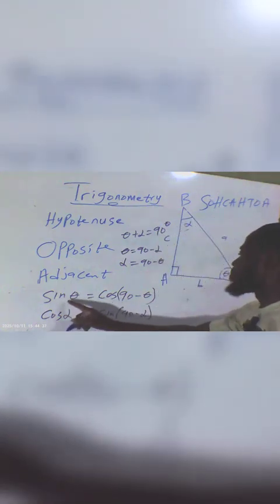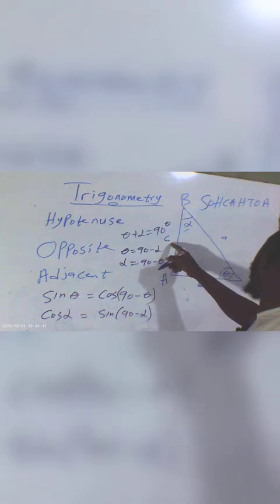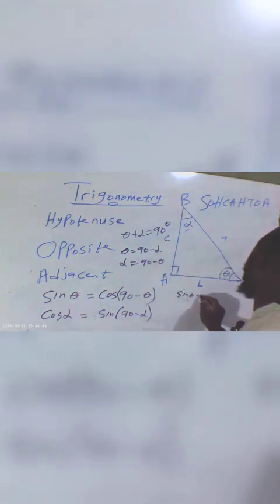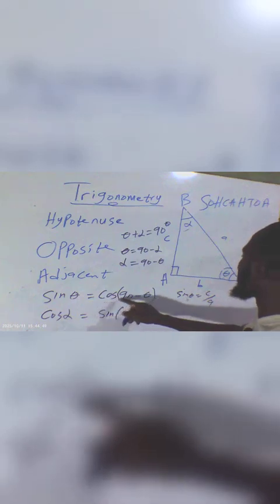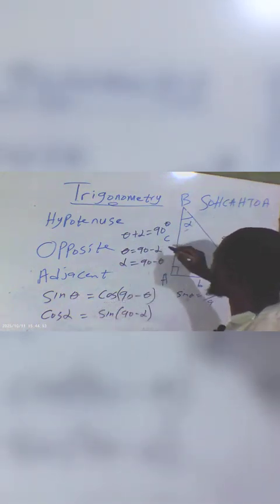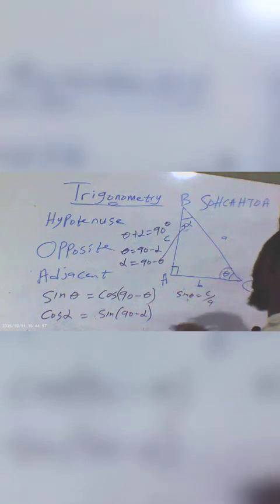Why? What does sin theta mean? Sin theta is the opposite of theta over hypotenuse, which is A. And the proof is that 90 minus theta is alpha.